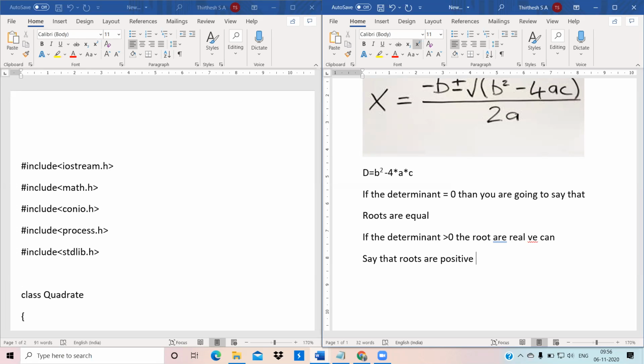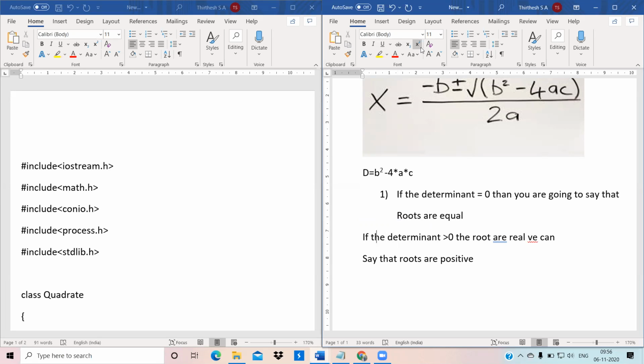Roots are equal or roots are positive. So what does the first condition say? The first condition tells that you should check your determinant. If the determinant is equal to 0, then you are going to say that the roots are equal.